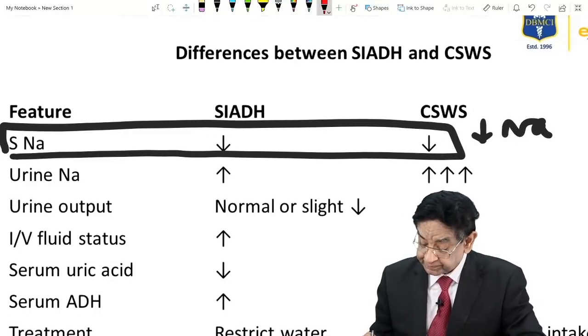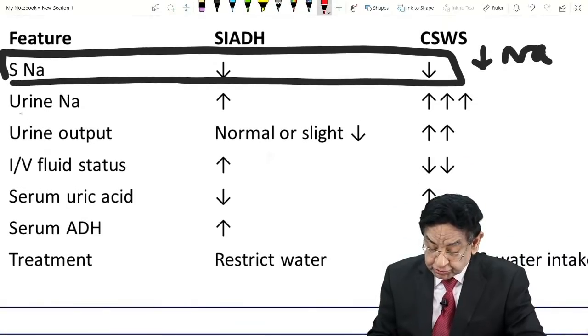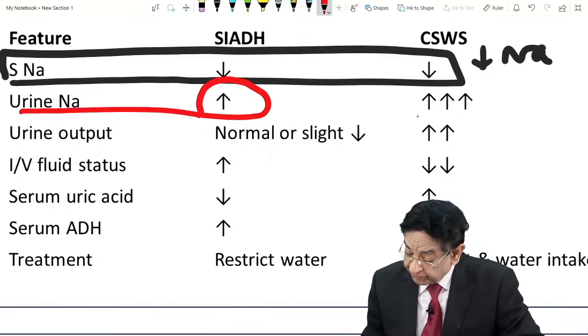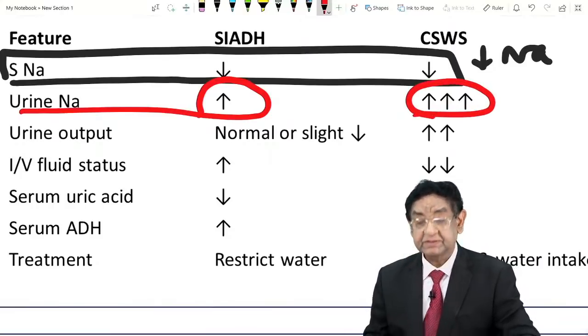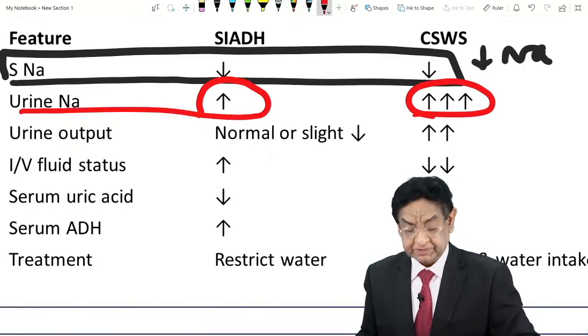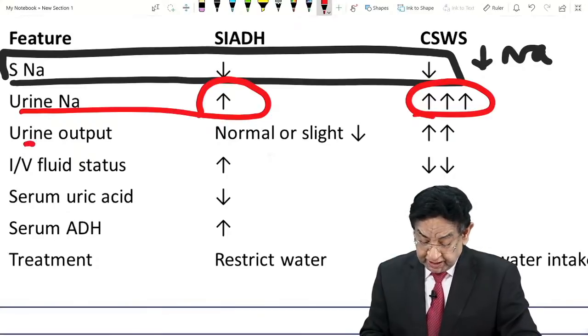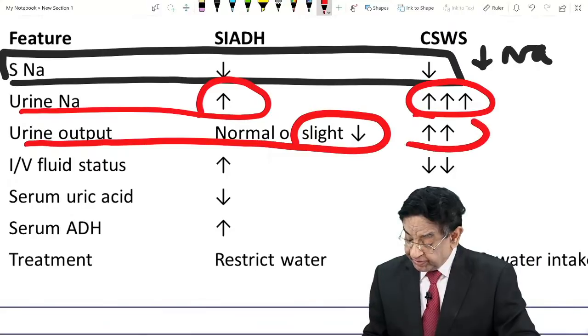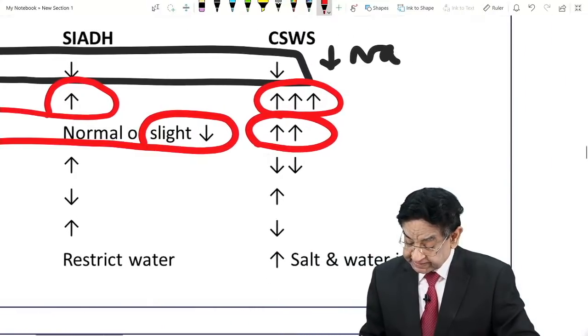Agreed. Urine sodium is increased, very, very increased, highly increased. Urine output is normal or slightly reduced in SIADH, while here polyuria is there.